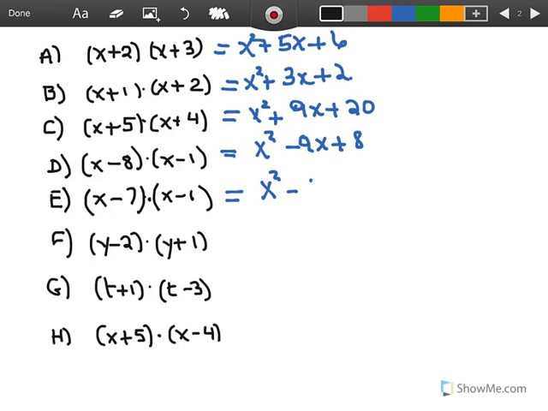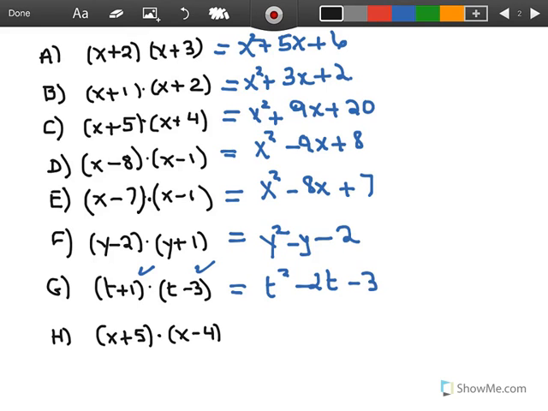X squared, negative 8x plus 7, y squared minus y minus 2, t squared plus, you're adding those two numbers, 1 plus negative 3, you get negative 2t minus 3, and then this one is x squared plus x minus 20.